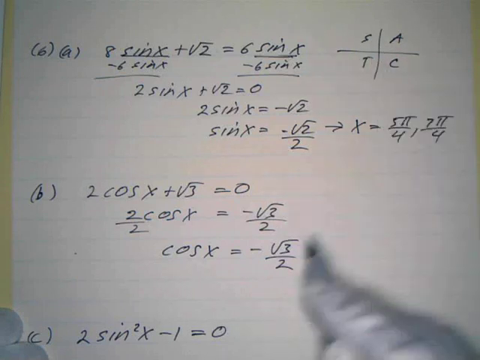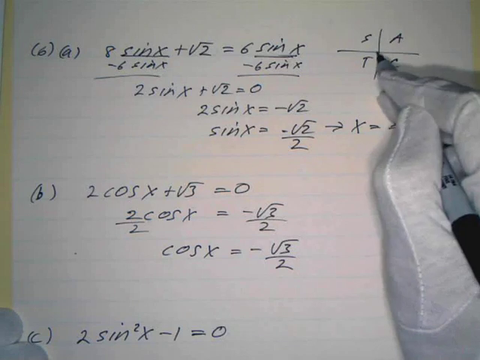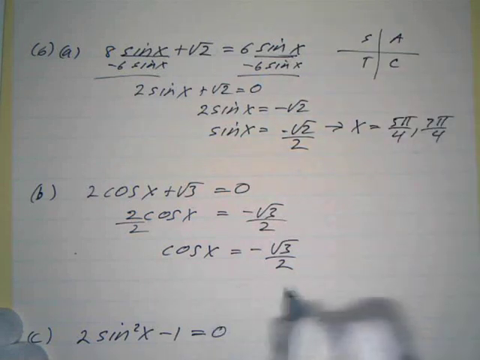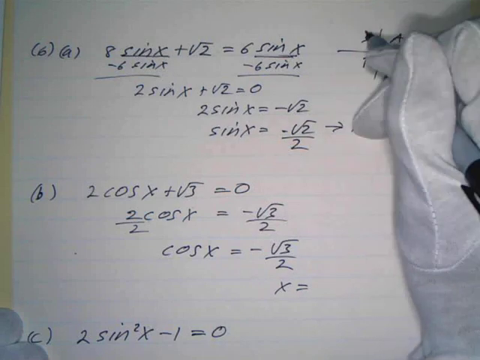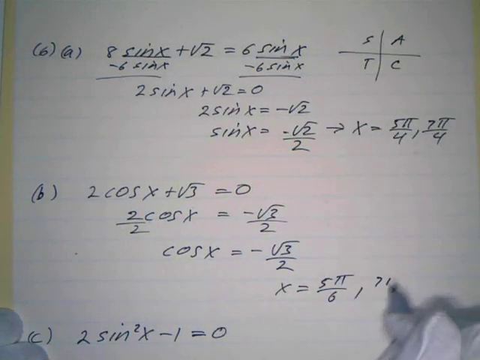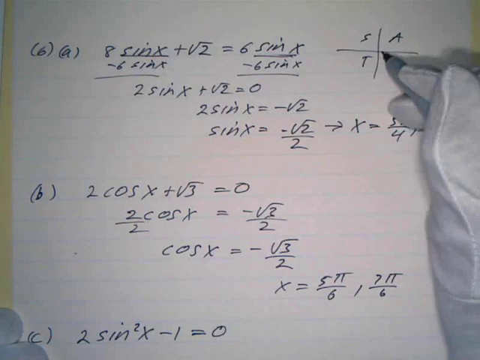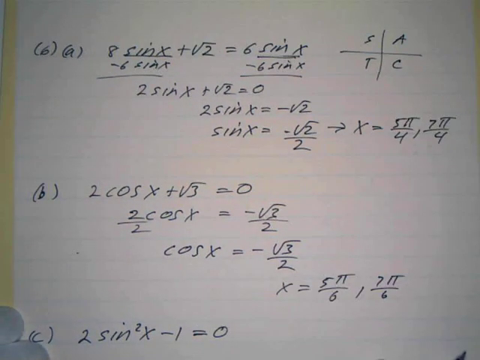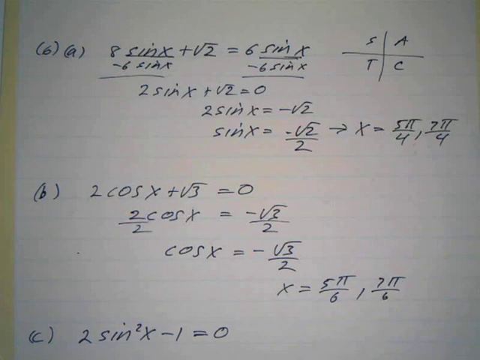This will be pi over 6, so this is going to be 5 pi over 6 and 7 pi over 6. So that will imply that x equals 5 pi over 6 and 7 pi over 6. My 5 pi over 6 here and my 7 pi over 6 there in quadrants 2 and 3.